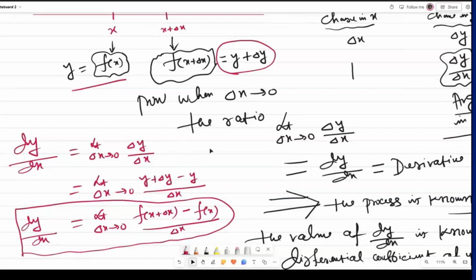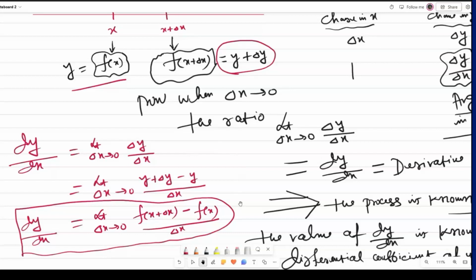Sometimes in a physics theory question paper, in your school or board examination, they ask in this manner: using first principle, find the derivative of this. So you have to learn first principle in physics, and it's very interesting because of its application.